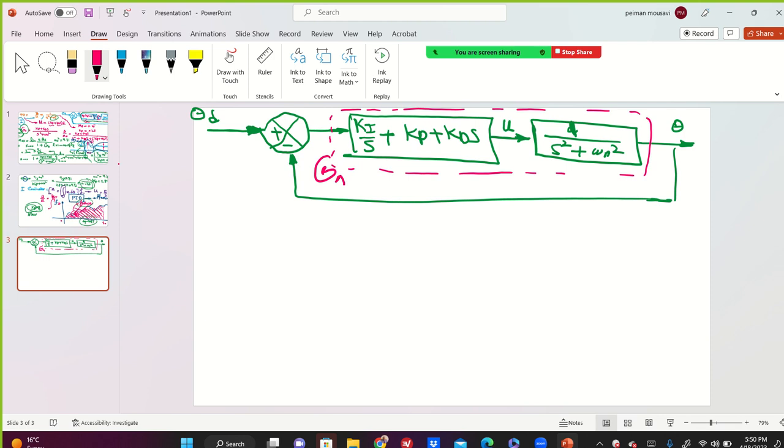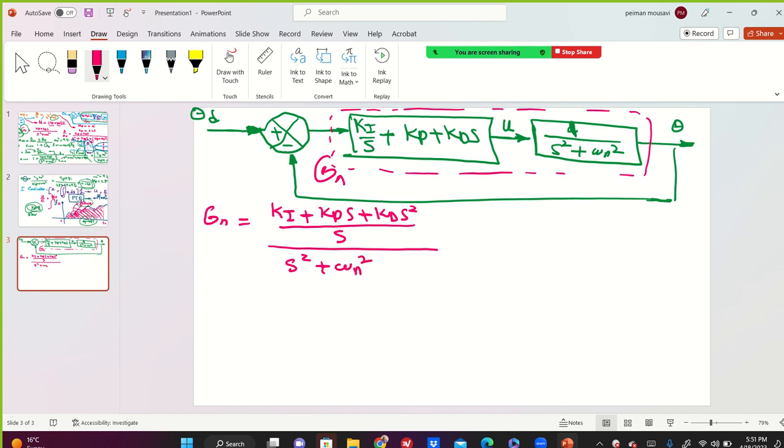If you multiply everything here, guys, you're going to have Ki plus Kp s plus Kd s square divided by S, multiplied by this numerator, and this is going to be S square plus omega n square.